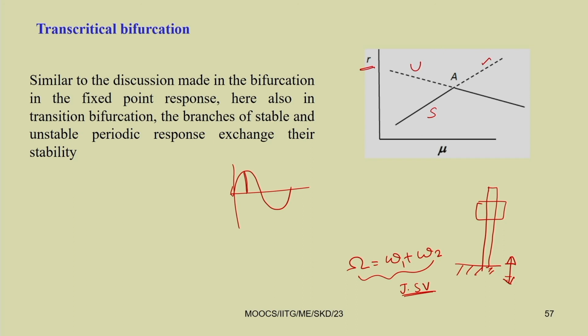The number of solutions remains the same, two before and two after, but the stability of the solutions changes after point A. This bifurcation is known as transcritical bifurcation.